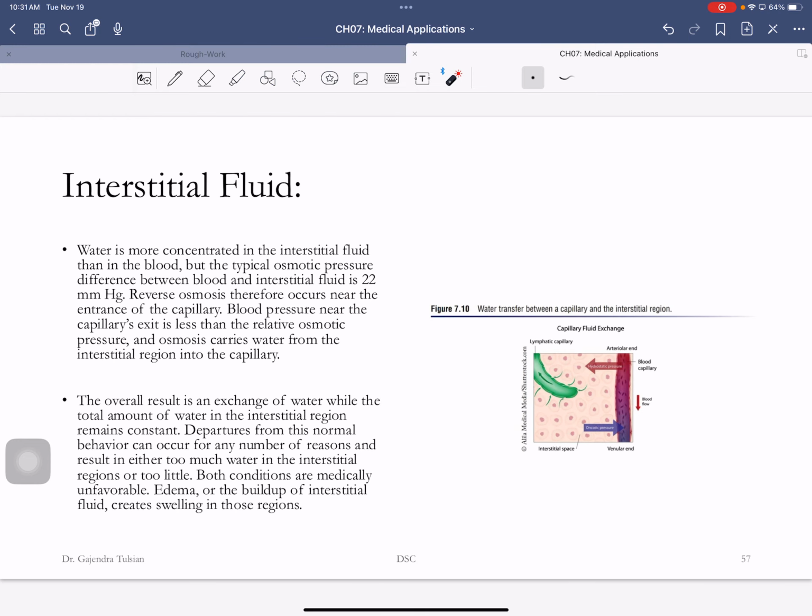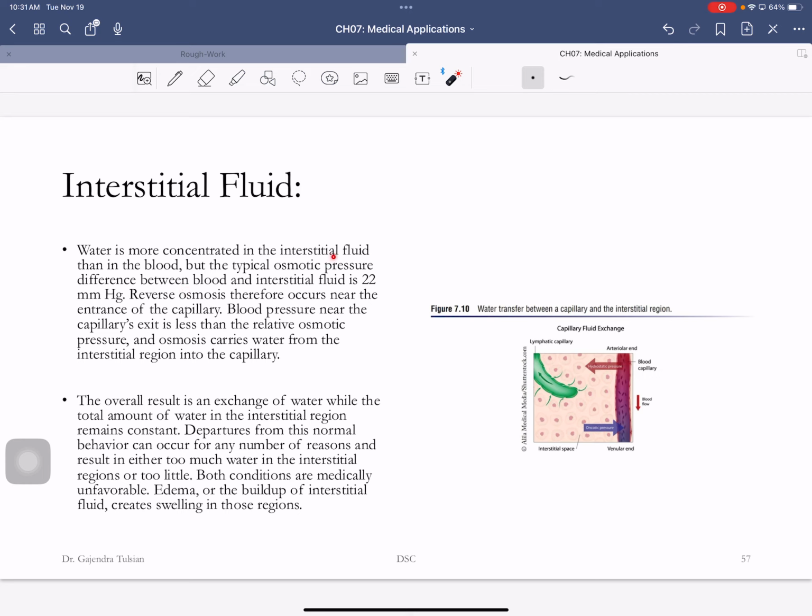Right now, here's blood flowing, here's a capillary, and we'll talk about exchange of material to the interstitial fluid, and exchange of water. When you're trying to send nutrients and stuff like that, one of the side effects is you also exchange water.